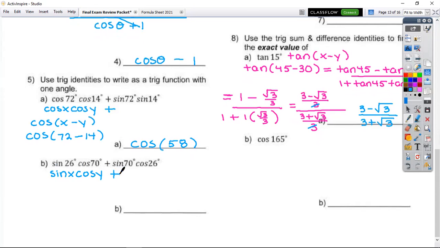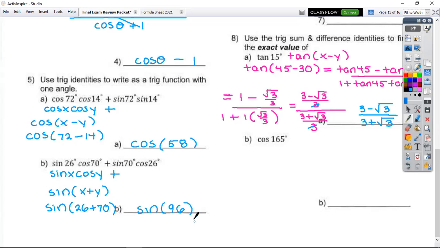And if you look to the left-hand side, this is equivalent to the sine of x plus y. So this is the sine of 26 plus 70, which is equal to the sine of 96. And again, that's not like a special angle, so that's why you can just leave that one right like that.